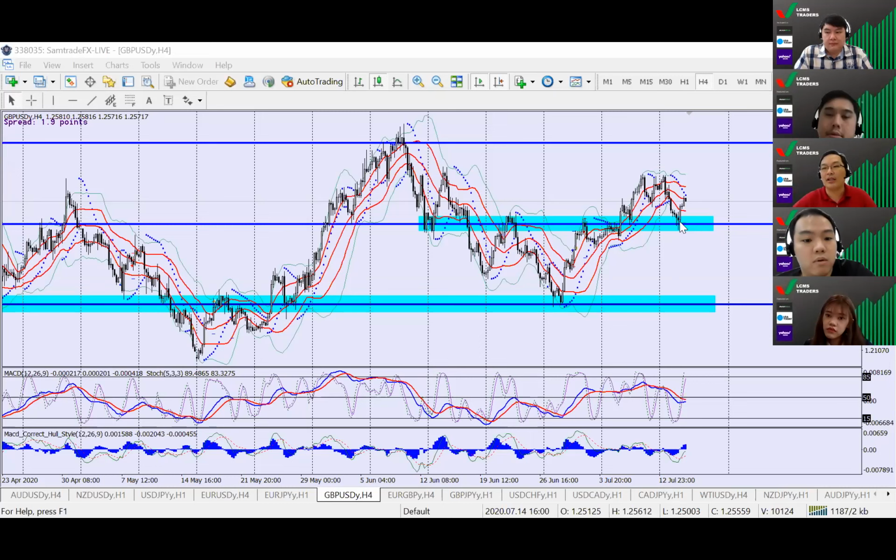Pound USD hit a resistance of 1.25, and it bounced back up for a bit of recovery because of the news in the US, with an increase in the number of COVID-19 cases. Overall for the pound, not only the recent GDP affected it, but Brexit-related uncertainties, where the EU and the UK are still in talks. There's no real deal yet on the Brexit exit itself. So my bias will still be to look for the pound to be weaker.